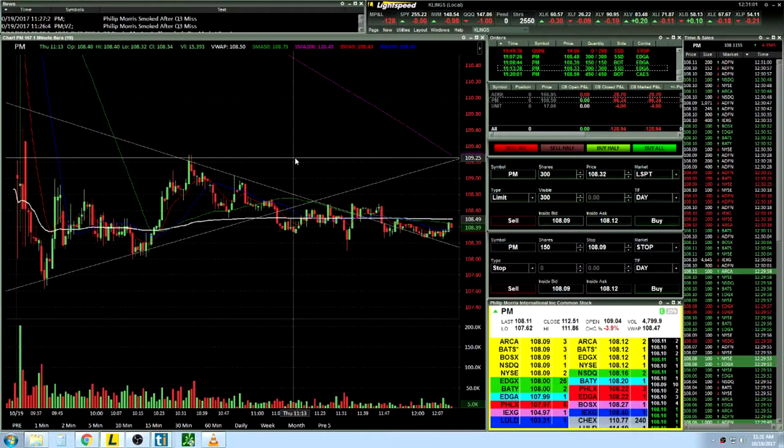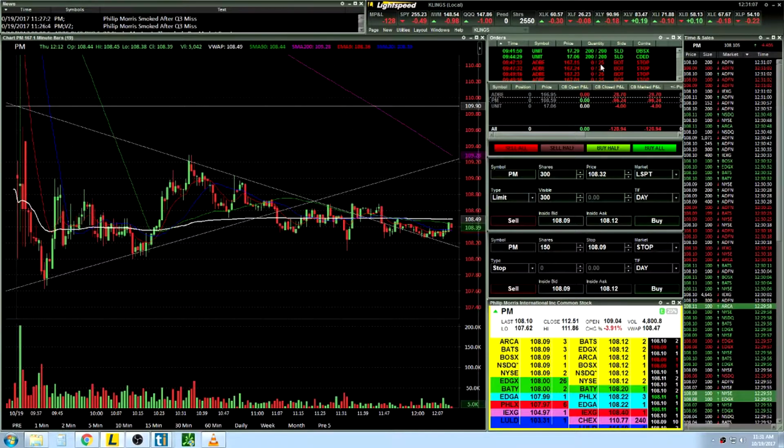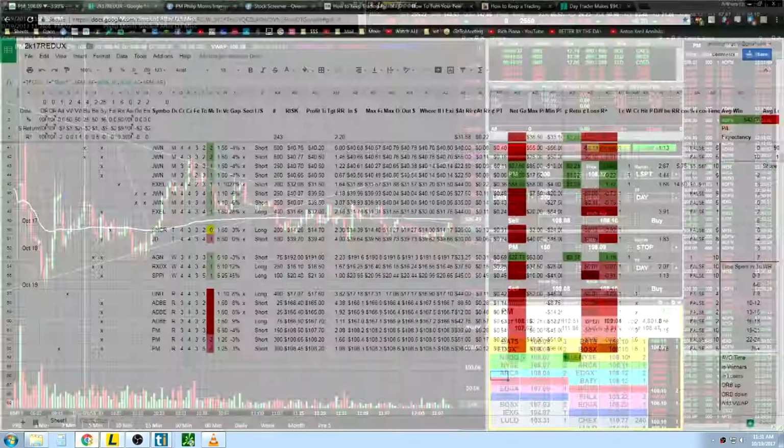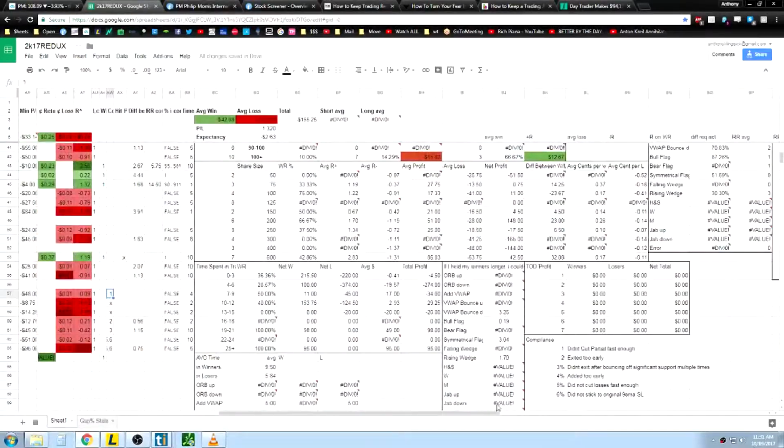So we had the first trade. I could have exited a little bit earlier. I actually added this compliance column here on my spreadsheet, so I wrote them down over here.